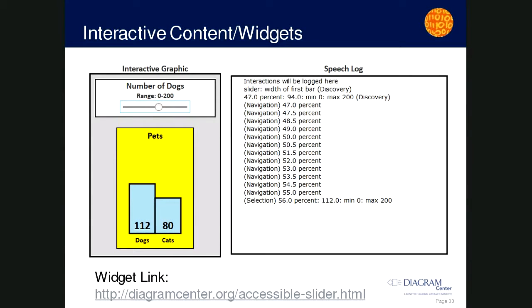The link is on the slide at the bottom, but basically there's a slider above a bar graph, and you can slide it and the numbers will change, and then on the right side there's a speech log where it actually gives you the specific values as it's changing. So these are just additional things that people are exploring.